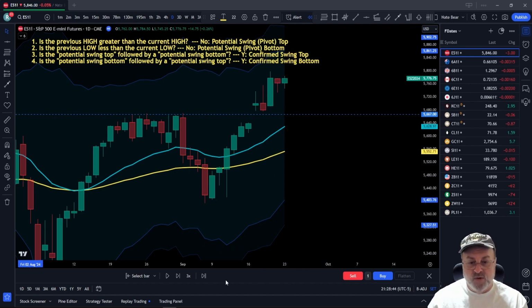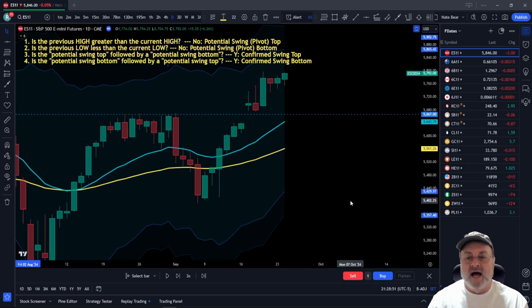Now, we're going to move one price bar. Now, as you can see, the potential swing top, which was this price bar, was it followed by a potential swing bottom? In this case, clearly no, because we've taken out the high.